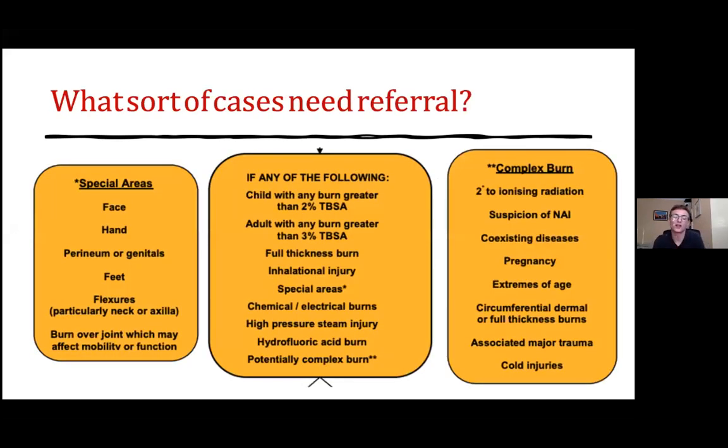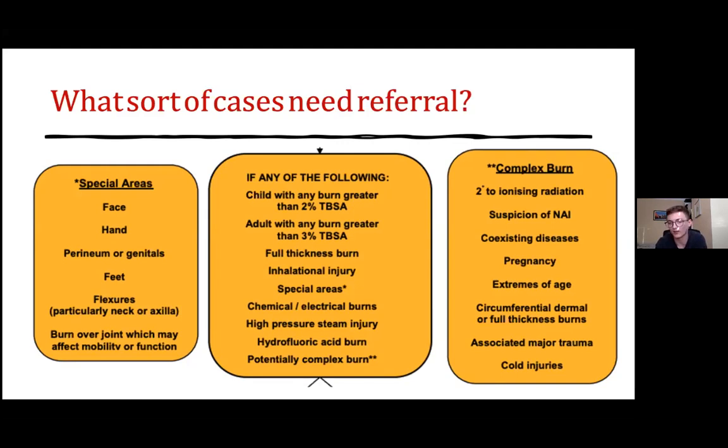So I stole this from the London Burn Service about which patients they believe should be referred straight away. So things like anyone with over 3% affected, or any children with over 2% affected, any full thickness burns, any suspicion of inhalation injury, if there's burns to specific areas like the face or the genitals, things like chemical or electrical burns, things like acid burns.